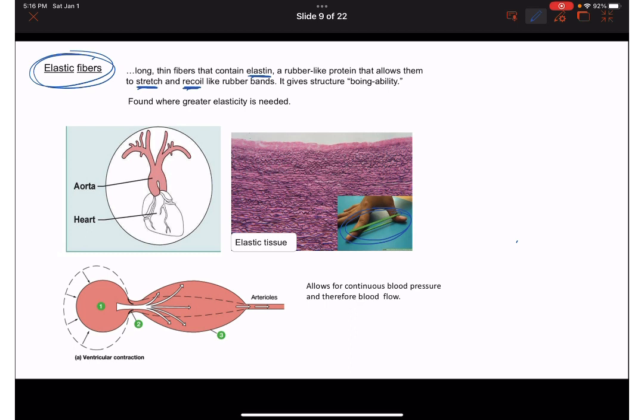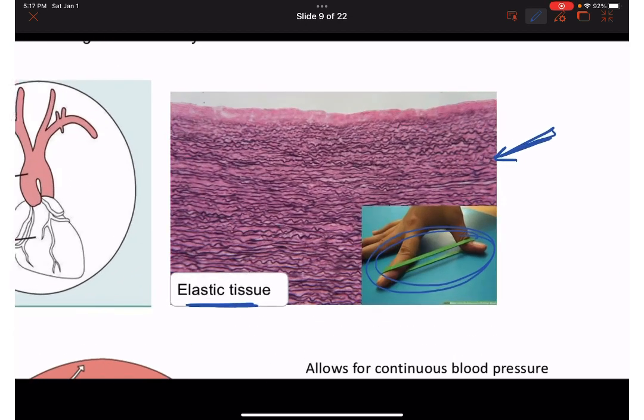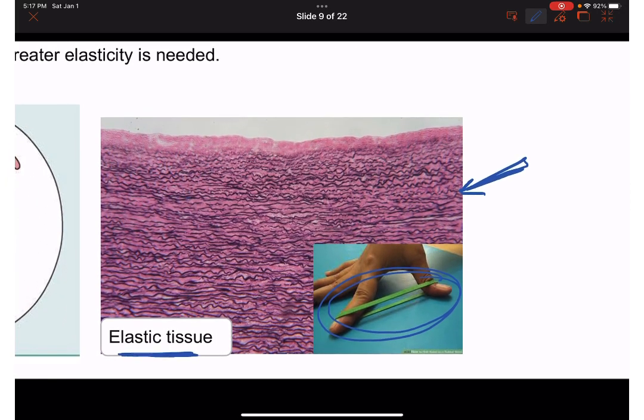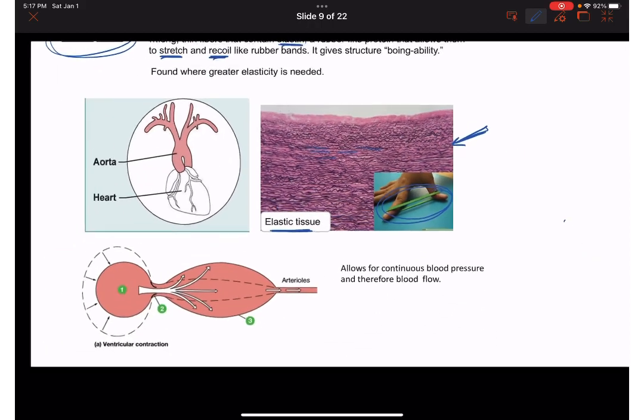So where are you going to find elastic fibers? Well, there are elastic fibers in areolar tissue and other tissues, but one place you're going to find a large number of elastic fibers is in elastic tissue. And all of these thin, dark fibers in there are individual elastic fibers that all have rubber band-like properties.